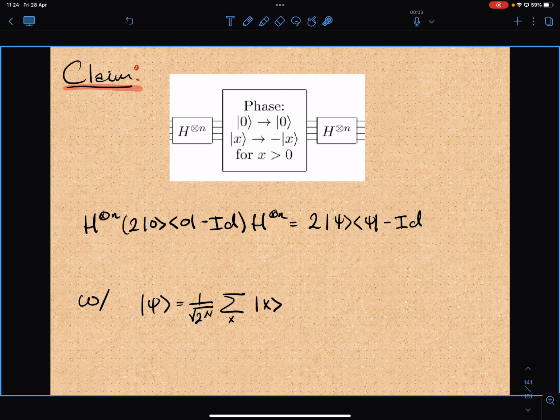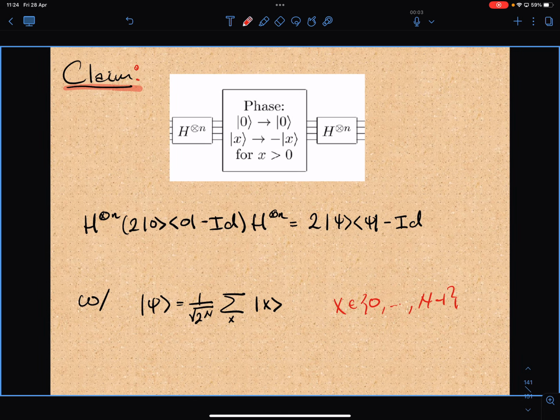In here, the claim is that if I sandwich it, the action is going to correspond to this operator, where essentially I'm switching this 0 for this psi vector, where psi is a uniform distribution over all the basis vectors, so x here is from 0 to N minus 1.